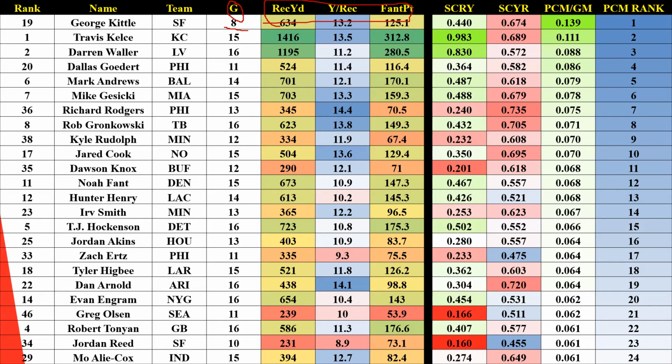I understand people are concerned with injuries. If you can figure out how to predict injuries, then you can beat a lot of people doing that. I'm not sure I can. But anyway, here's the top 24 based on the model number divided by their games played.